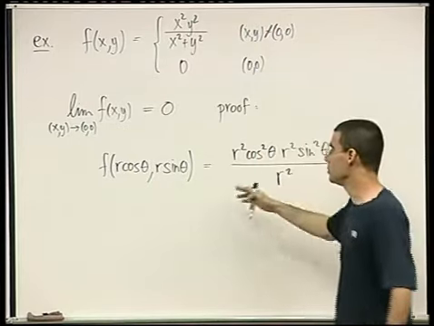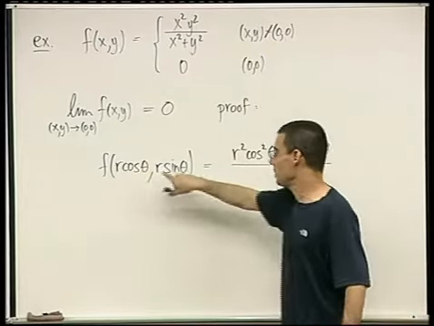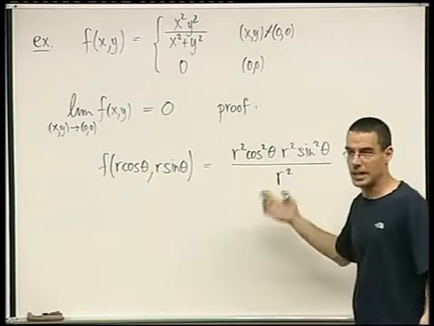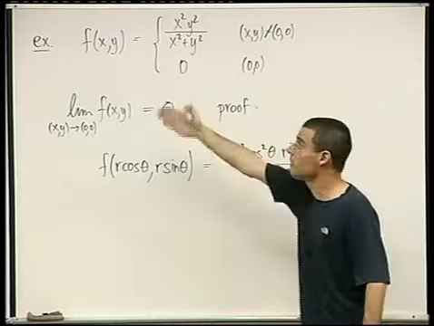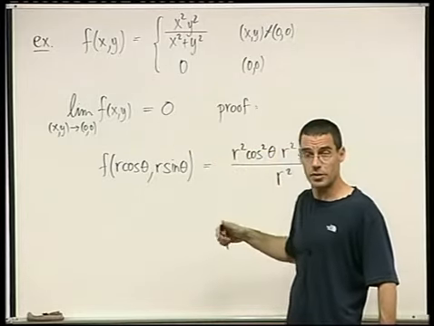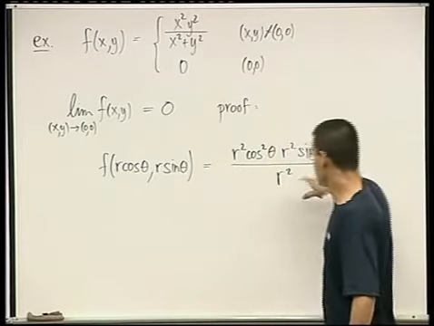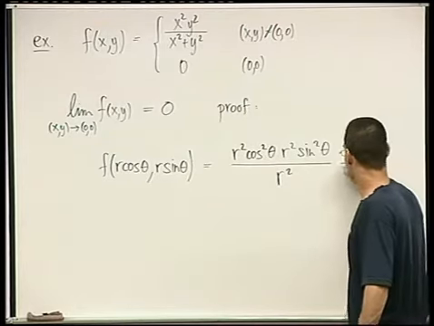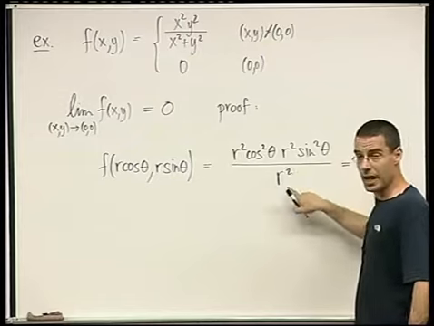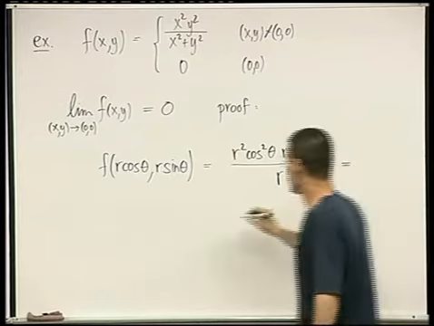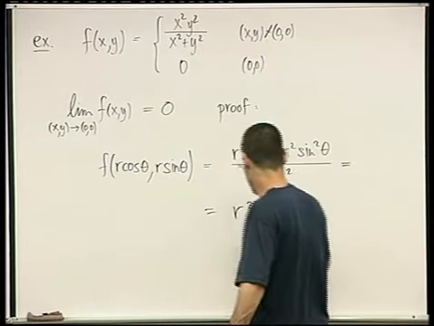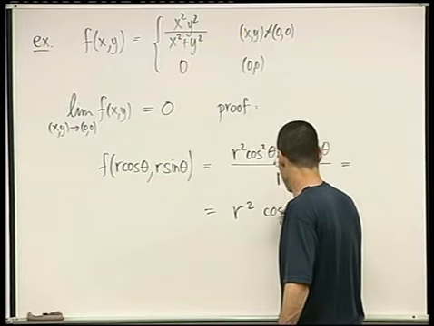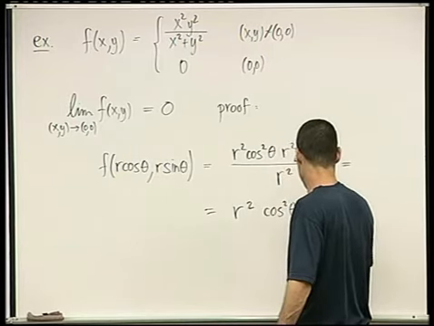I don't need to write this squared plus this squared because sine squared plus cosine squared is 1, or you can remember from what we just said that r is the root of x squared plus y squared. Right? So does everybody agree to this? Okay. Now, one of these r squared can cancel out, and we're left with r squared times cosine squared theta, sine squared theta.